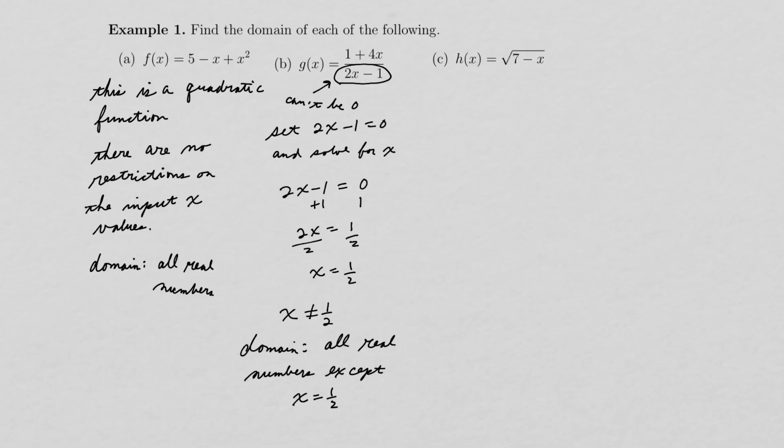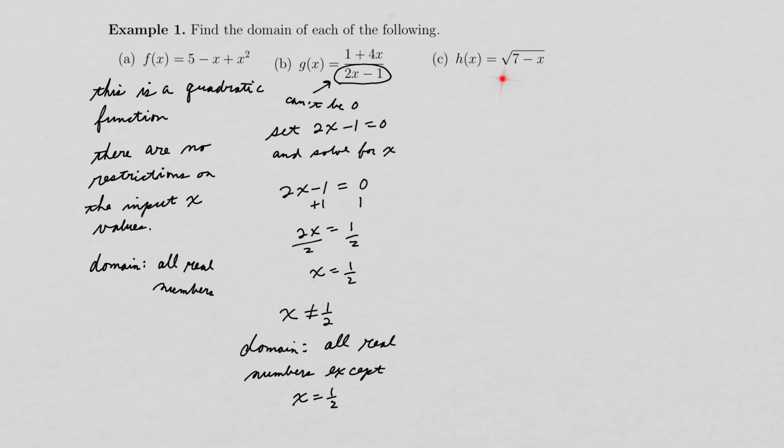Anything else will work. But if x is a half and I plug it in here, I'm going to get a 0, and I cannot divide by 0. Okay, and again, I'll show you how to write this in interval notation later.